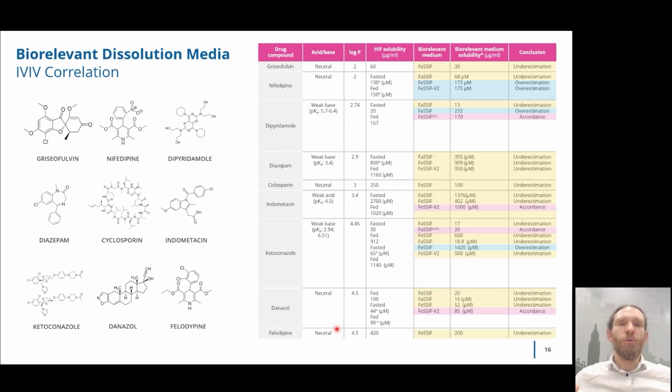So, which fluid will be the best one for screening and predicting of the solubility? As you can see in this table, we have very little accordance between the solubility in the simulated fluid and the solubility in the actual physiological fluid.